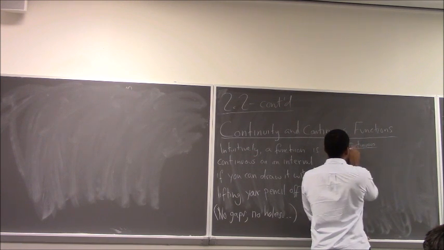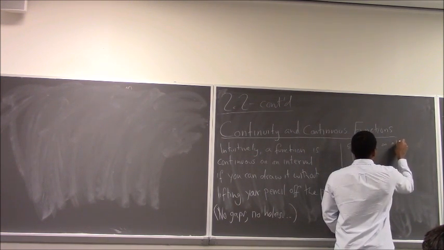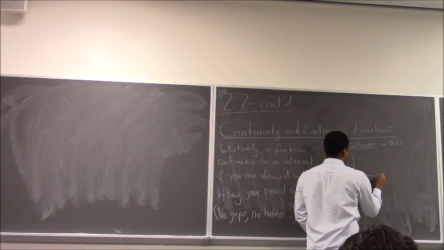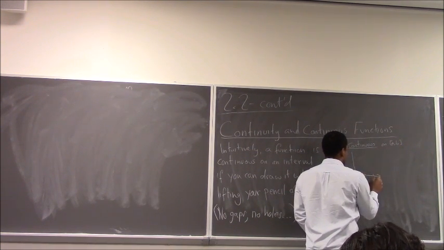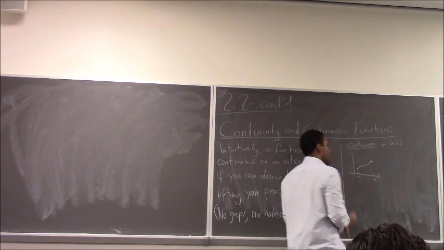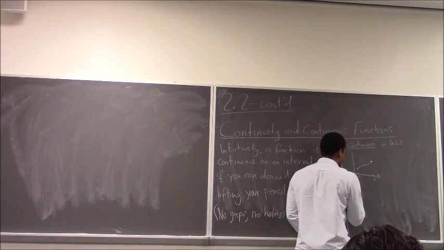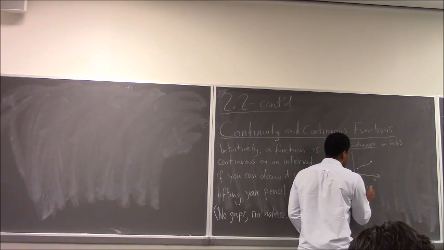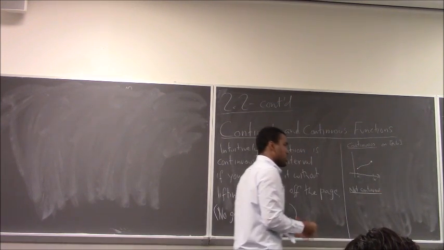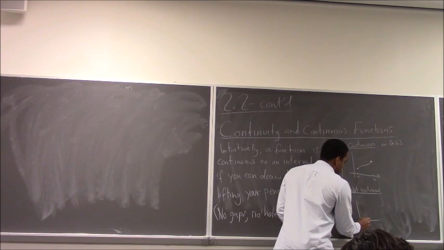Continuous on A, B, and it's just some function that's doing whatever, but it's doing it in this continuous way. If you look at something that's not continuous, there are multiple ways you can think of something not being continuous. And this is going to lead into my definition of continuity.